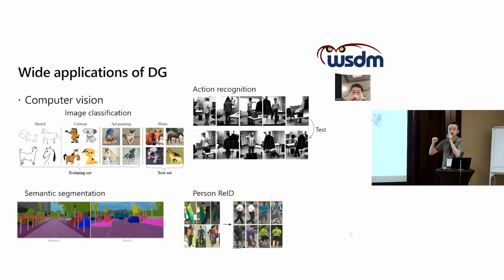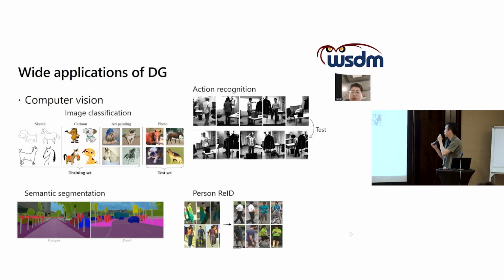They look quite different, but they all belong to the same categories. But the limitation of this dataset is that it is quite toy. This dataset can be used as a very good example, as a proof of concept, but still there is a gap between the research works and real world applications.